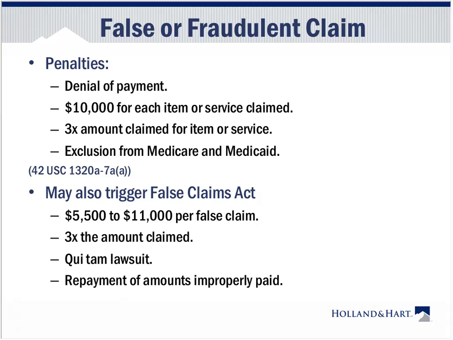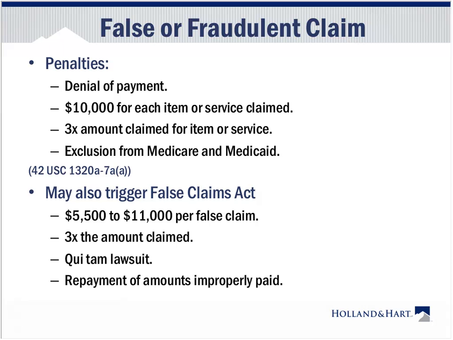At the very least, denial of payment. In addition, you can get tagged with penalties of $10,000 for each item or service claimed. You could also get hit up with treble damages, so 3 times the amount claimed for the item or service. And you could also be excluded from Medicare and Medicaid.